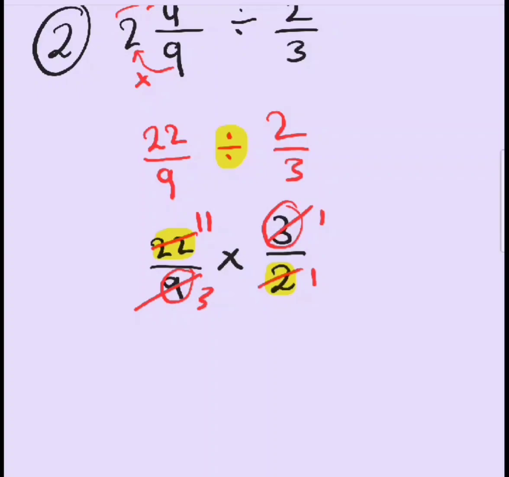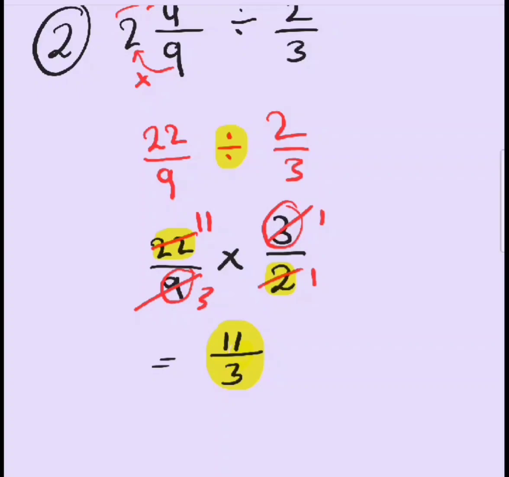So that cancellation there made that problem a lot more manageable and the numbers easier to work with. So rather than doing 22 times 3, we can do 11 times 1, which is 11. So it's giving us smaller numbers in value to work with, therefore a little easier to work with. And then 3 times 1 is 3. So we get 11 over 3, which can be simplified.